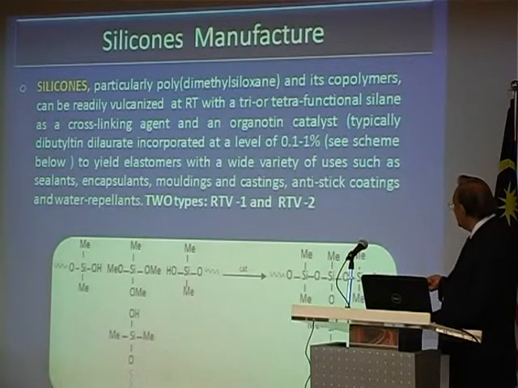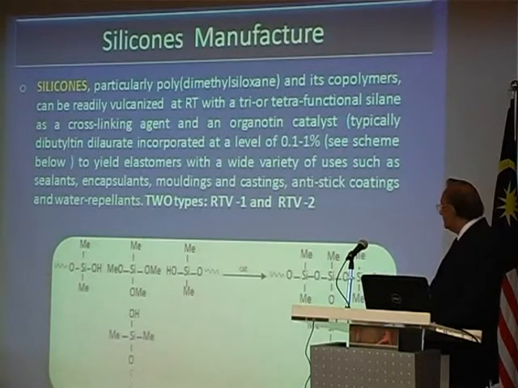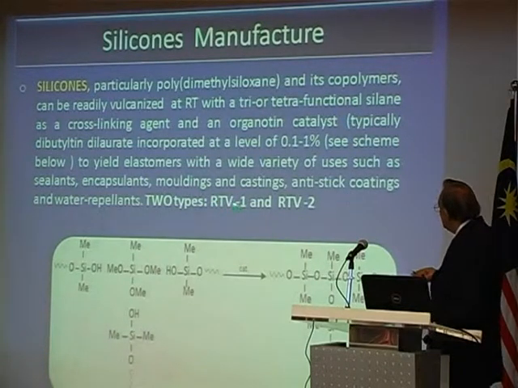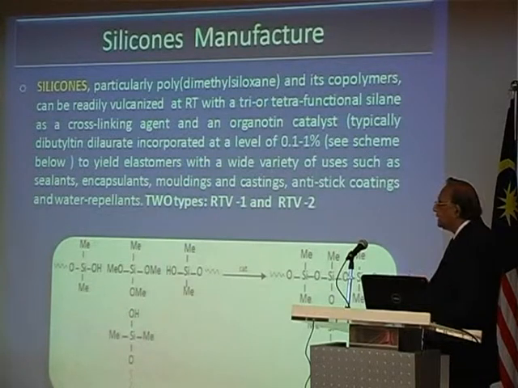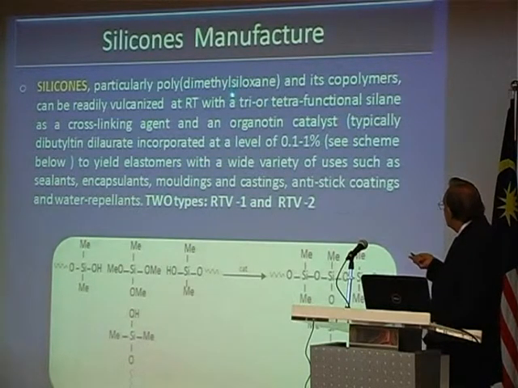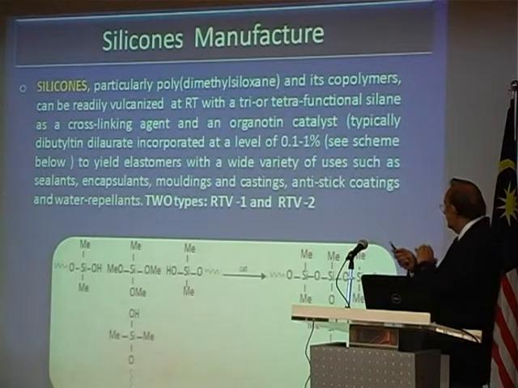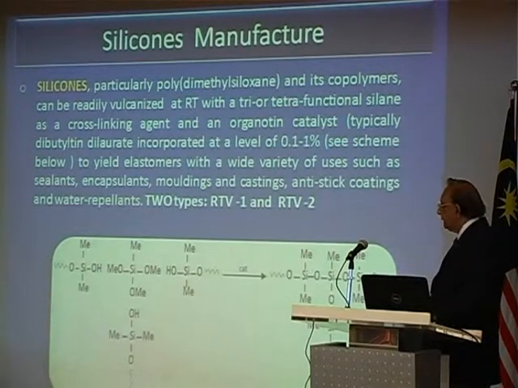There are 2 types basically in the industry. If you look at the industry, you look at the internet, you look at any of the booklets on silicones, you'll find RTV1, not channel 1, channel 2 on television, it's RTV2. RTV1 means a one-component mixture. You mix the polydimethylsiloxane, the cross-linker, and the organotin catalyst together, and presto, you get one product.